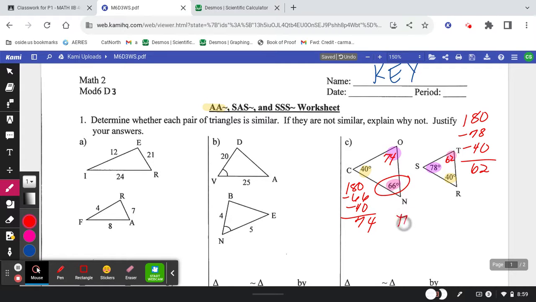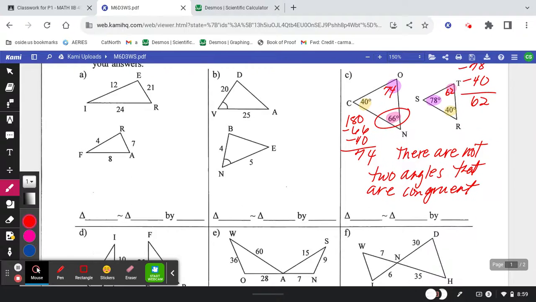There are not two angles that are congruent. Therefore, the triangles are not similar. So we could have used AA if we had two congruent angles, but here we don't, so we say they are not similar.